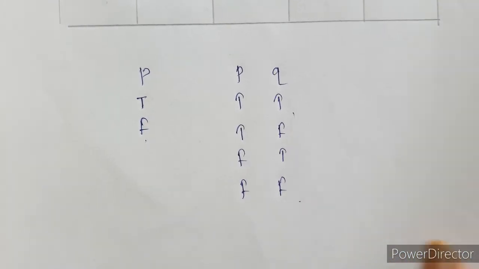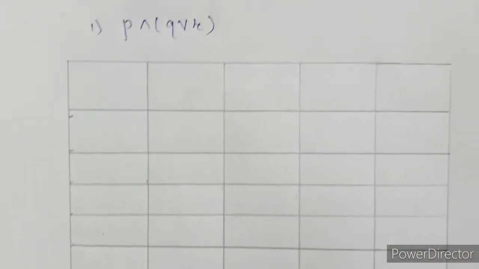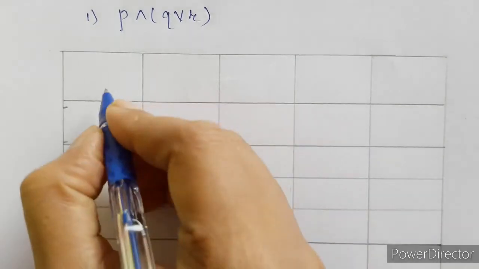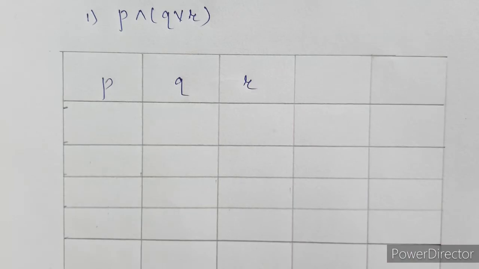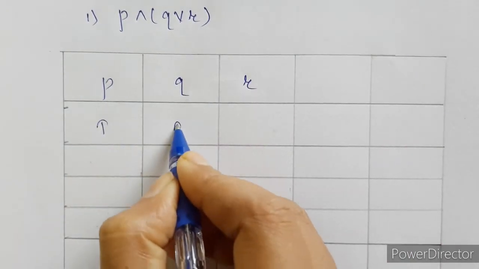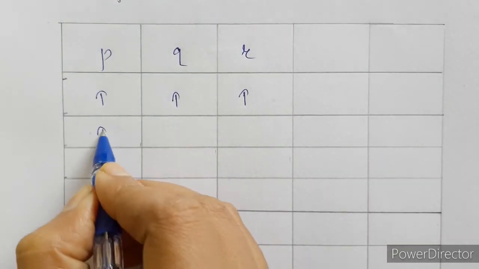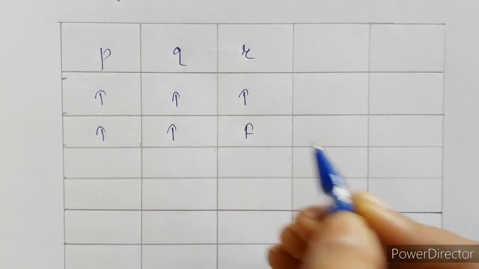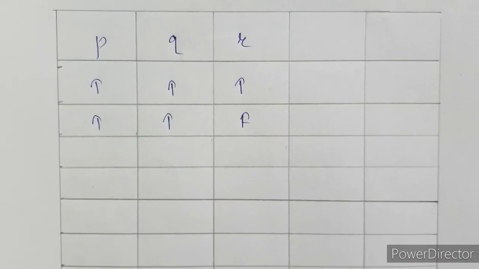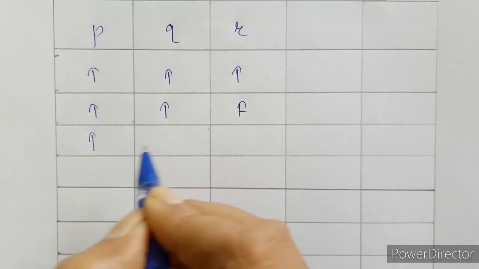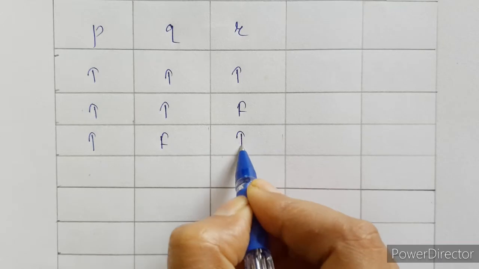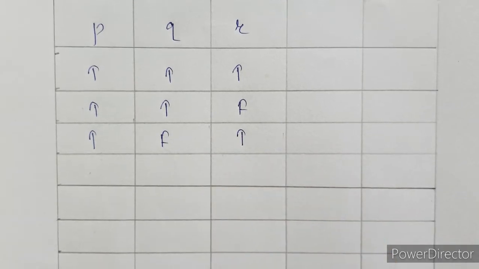Now what about three statements? We have P, Q and R. Whenever we have three statements, all three can be true. First two can be true and third can be false. Again first true, second false, third true.